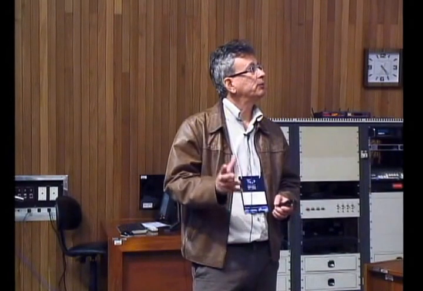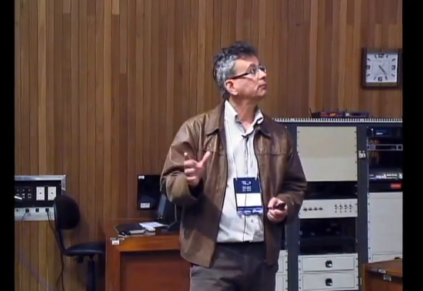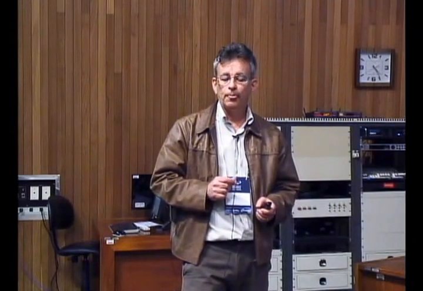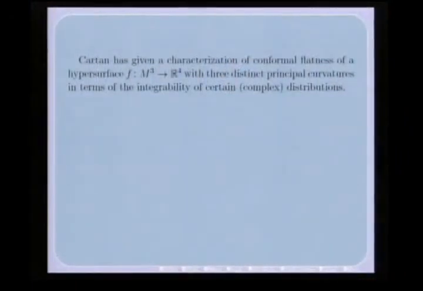Well, going back to Cartan, he not only realized that there exist such hypersurfaces, conformally flat hypersurfaces in R4 with three distinct principal curvatures, but he gave us a somewhat mysterious characterization of them by the integrability of some complex distribution you can define.